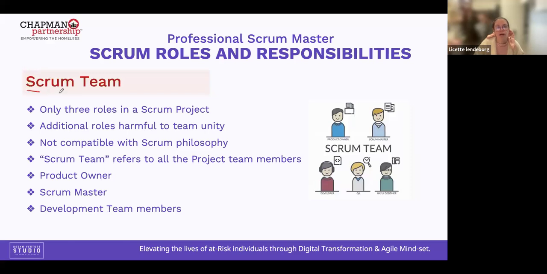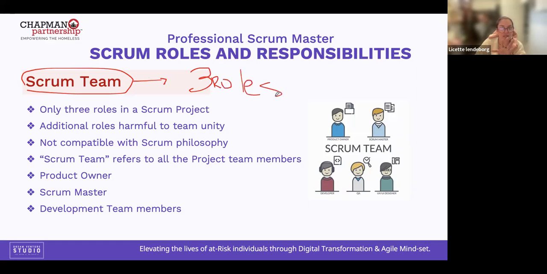So what happened with the Scrum team? How is this type of team different from traditional? I love that question. It's because the Scrum team is only 3 roles. No 5, no 6, no 2, no 1, it's 3.